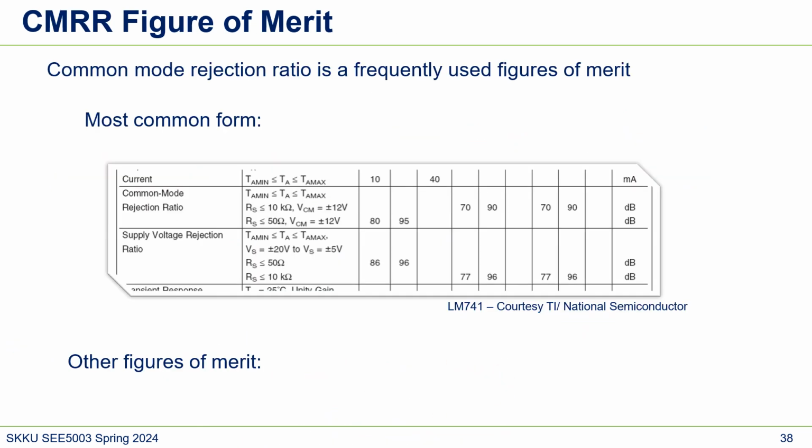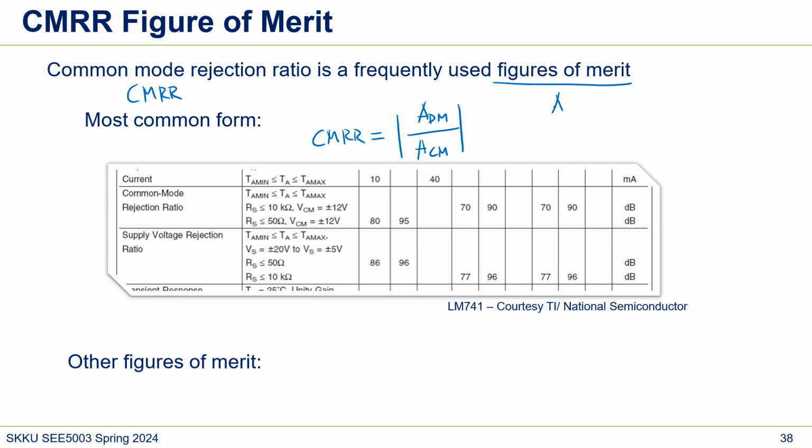Well, we've discussed the common mode rejection ratio here, which is CMRR. It is a widely used figure of merit. CMRR, in its most common form, is the gain of differential mode over the gain of common mode.